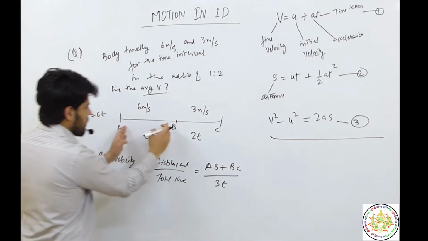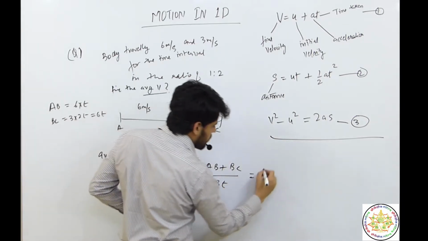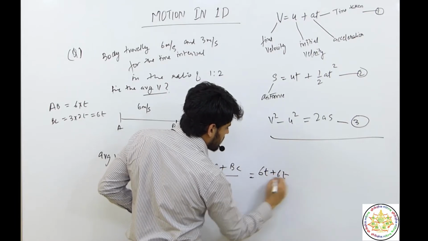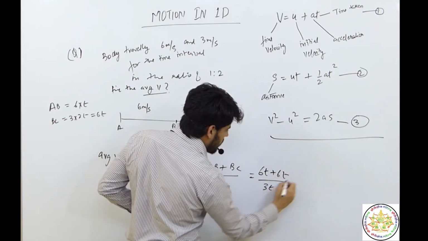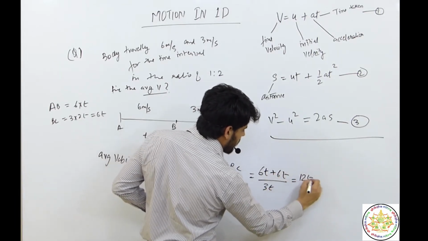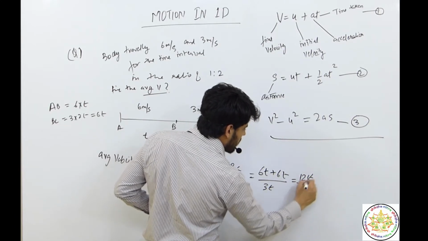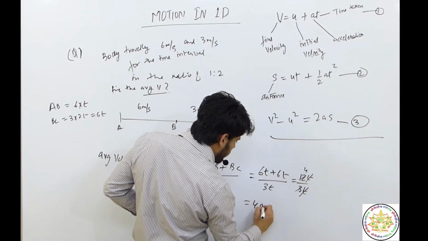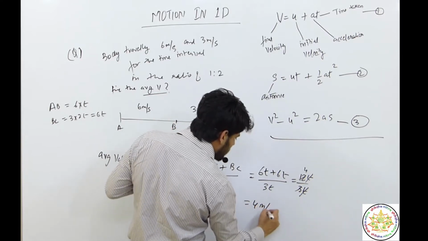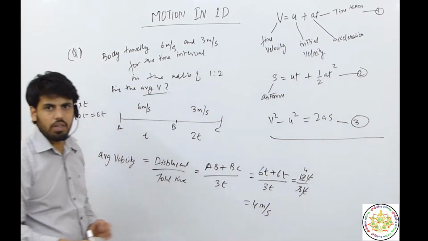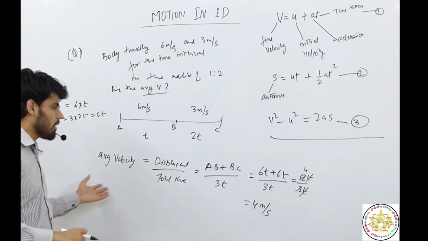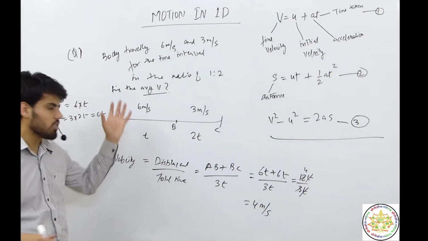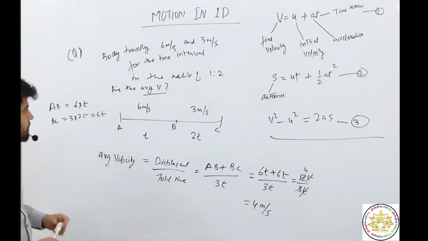So both distances covered are the same, so it will be 6t plus 6t divided by 3t, which is equal to 12t by 3t. t cancels, the answer is 4. So the average velocity of this journey is 4 meter per second. Average velocity is the same as average speed because distance is the same as displacement.